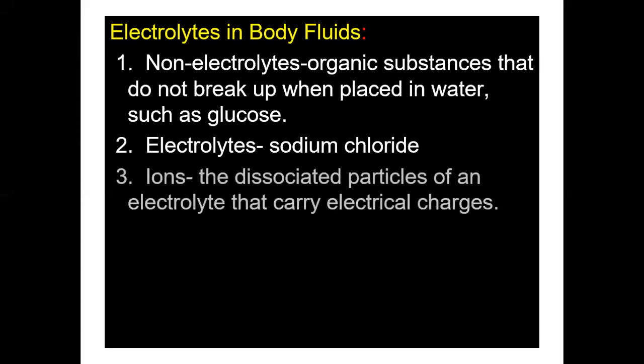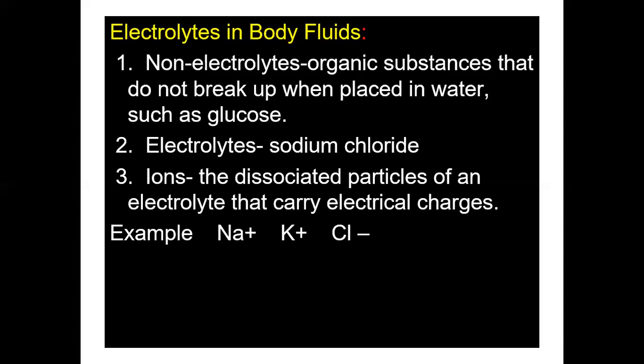Okay, so the ions are the dissociated particles of electrolytes. They carry electrical charges. That's the important part of it. So you have positive and negative ions. These are the charges from the electrolytes. For example, sodium, Na, and potassium, K, both have positive charges, while chlorine would have a negative charge.